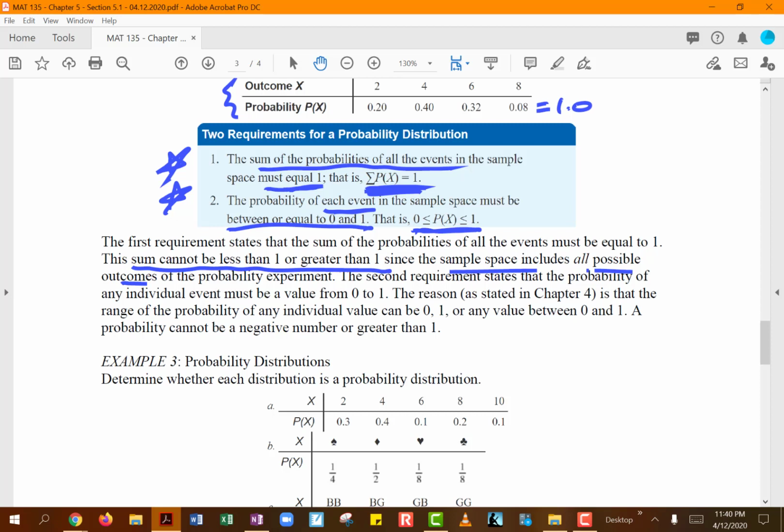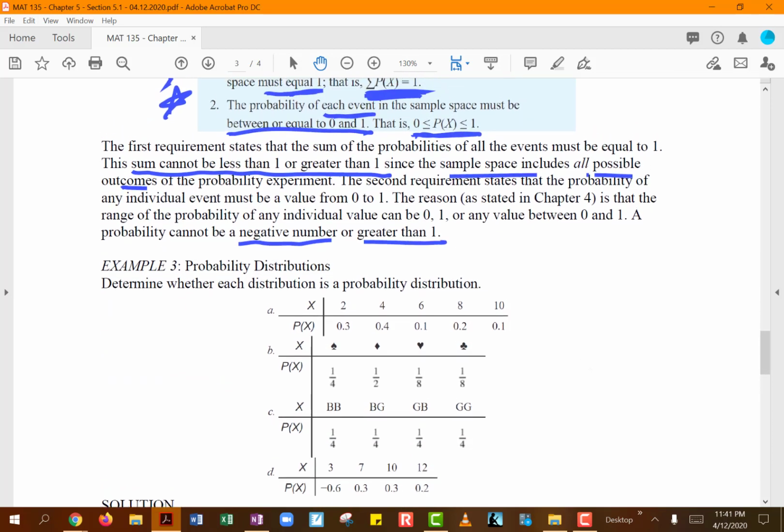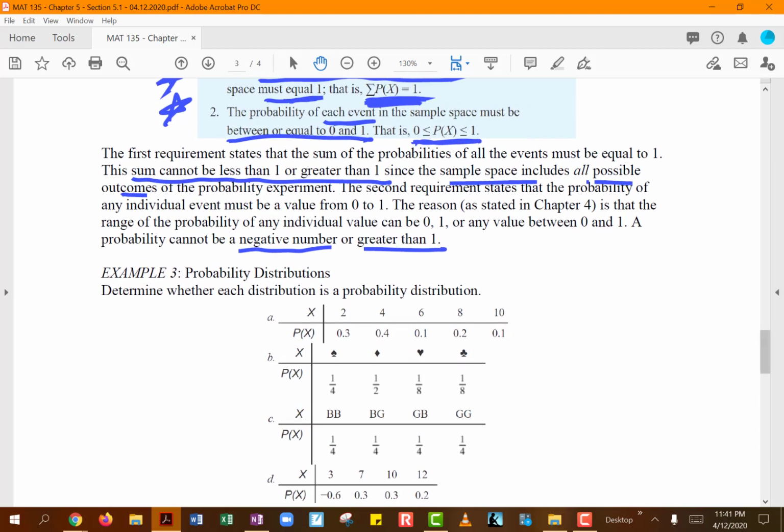I've already talked about the sum, and the second requirement is that the probabilities can be anywhere from 0 to 1. Your probability cannot be a negative number, and it cannot be greater than 1. So this example is basically looking at whether we can actually call these distributions probability distributions based on these two requirements.